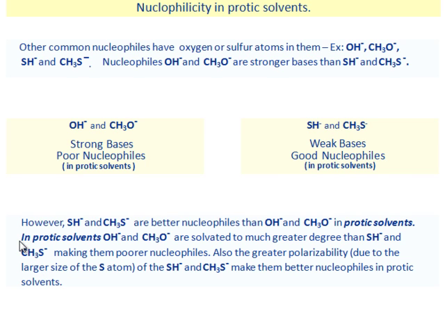In protic solvents, OH- and CH3O- are solvated to much greater degree than SH- and CH3S-, making them poorer nucleophiles. Also, the greater polarizability of SH- and CH3S- makes them better nucleophiles in protic solvents.